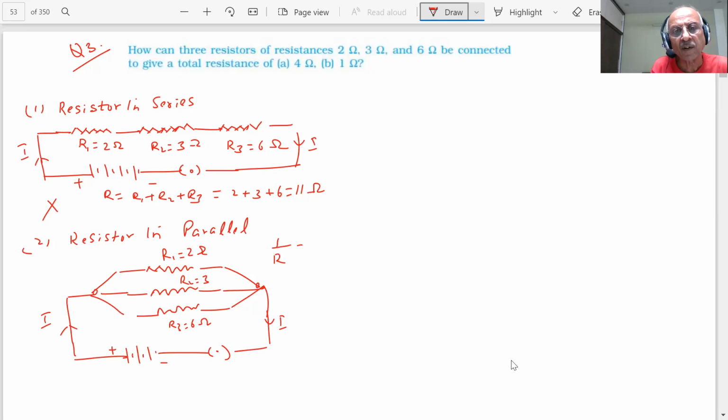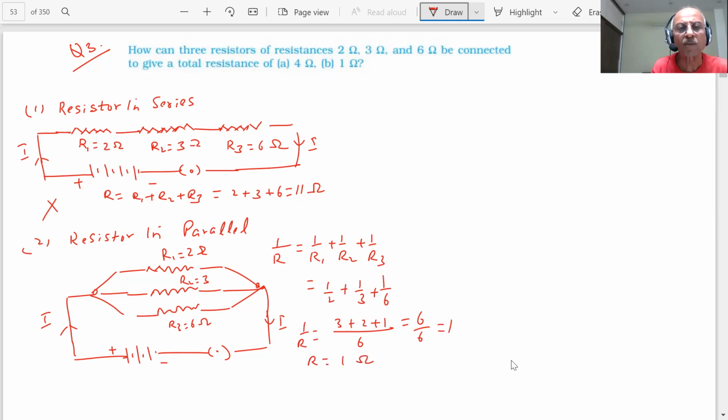1 by R is equal to 1 by R1 plus 1 by R2 plus 1 by R3. What is the value coming? 1 by 2 plus 1 by 3 plus 1 by 6. How much is it coming? What is the value of R? 1 ohm.